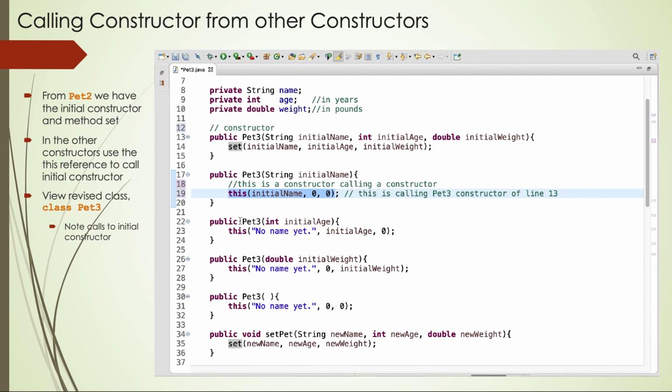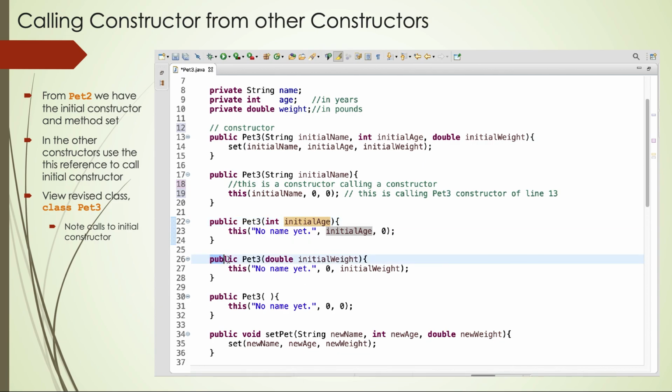Then again, we have another constructor, but with an integer value of initialAge. Now again, we're calling constructor Pet3 with three parameters, but the name is "no name yet", the weight has 0 value, and it's setting age with initialAge, the value passed here.